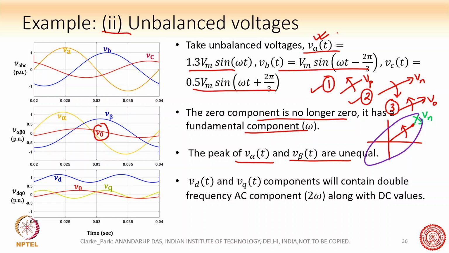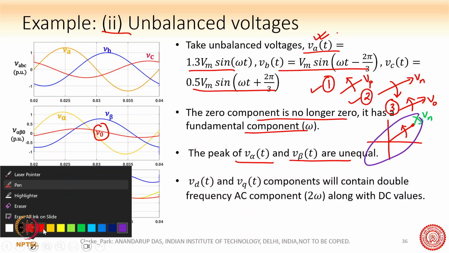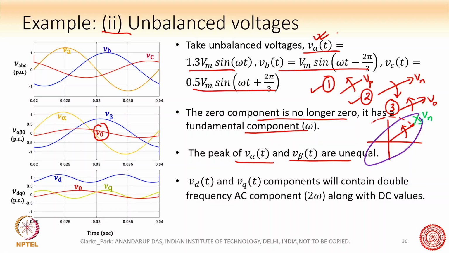If you have Vp and Vn, Vp is going like this, so Vp is a circle. This is the Vp, positive sequence space vector. Vn is also a circle which is going the other way around. This is the Vn, and the resultant of Vp and Vn will be an ellipse.